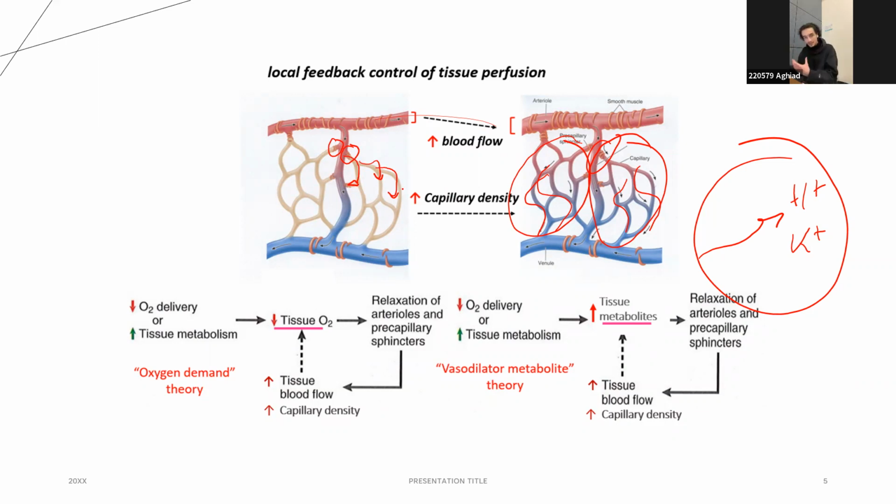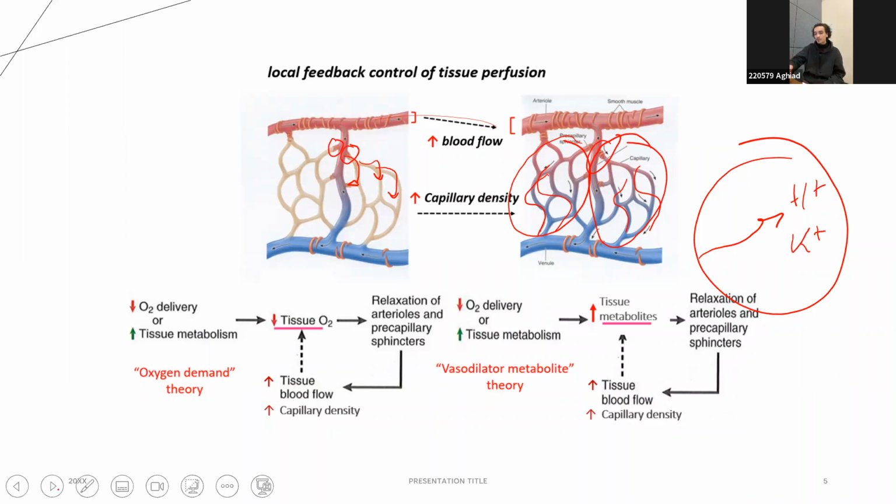The less blood in the veins, the lesser the pressure. The lesser the pressure, the lesser the driving force. And so the lesser the driving force, the lower the venous return, and vice versa.